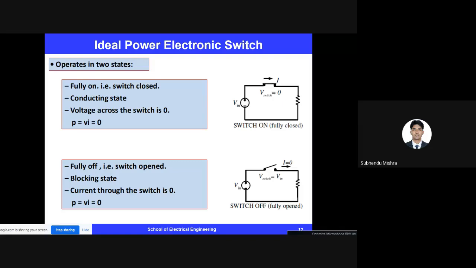First, it should have 0 conduction losses. It should have 0 blocking loss. So for example, when it is completely off, there should be no current flowing through the switch. The power consumed by the switch when it is off should be 0. That is the 0 blocking loss.